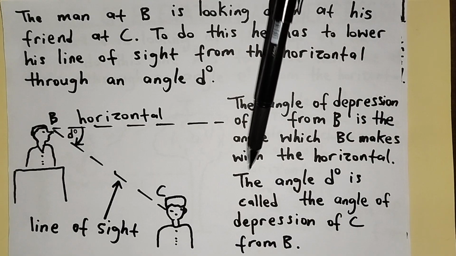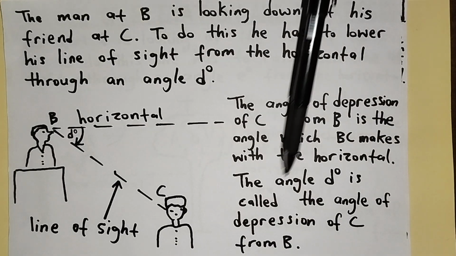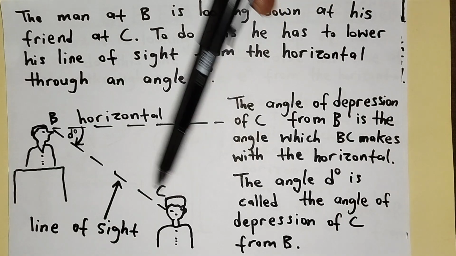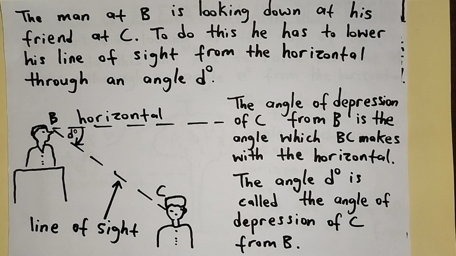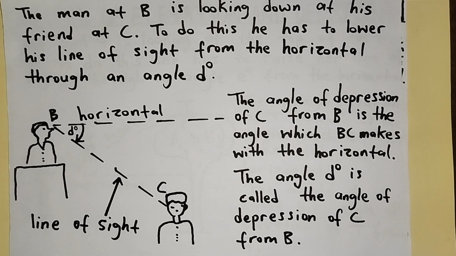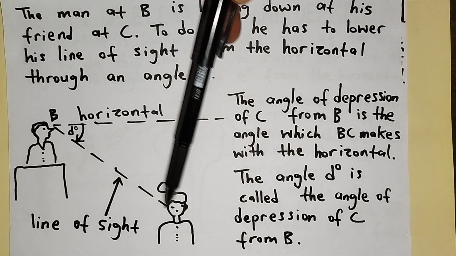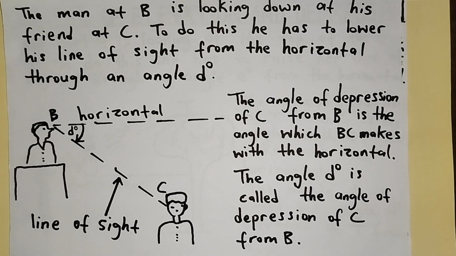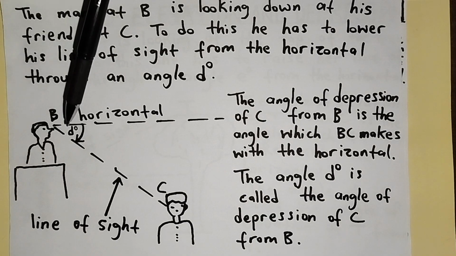The angle D degrees, this one, is called the angle of depression of C from B. So to say, angles of depression are measured from the horizontal, looking down, making an angle between the horizontal and the line of sight. So the angle between the horizontal and the line of sight going down is called the angle of depression, shown by the letter D here.